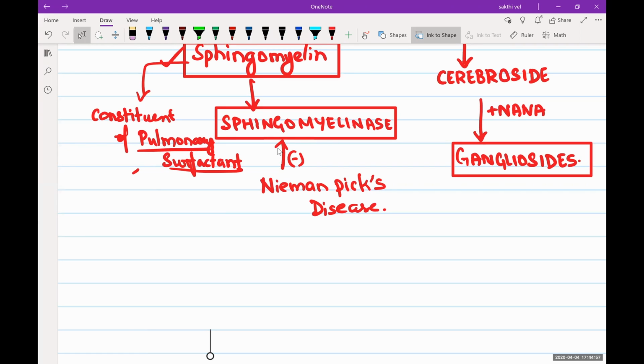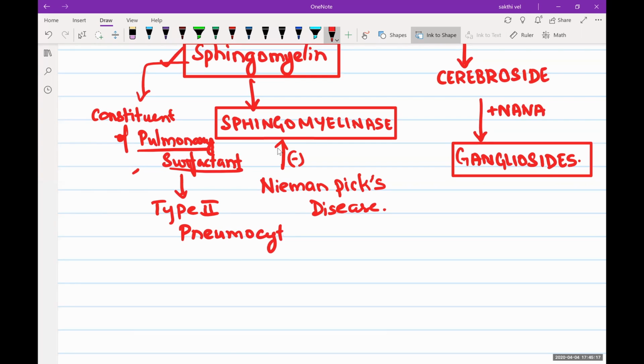Now this pulmonary surfactant is secreted by what type of cells? Again, faster. Pulmonary surfactant is secreted by what type of cells? Type 2 alveolar cells. Type 2 alveolar cells are type 2 pneumocytes.